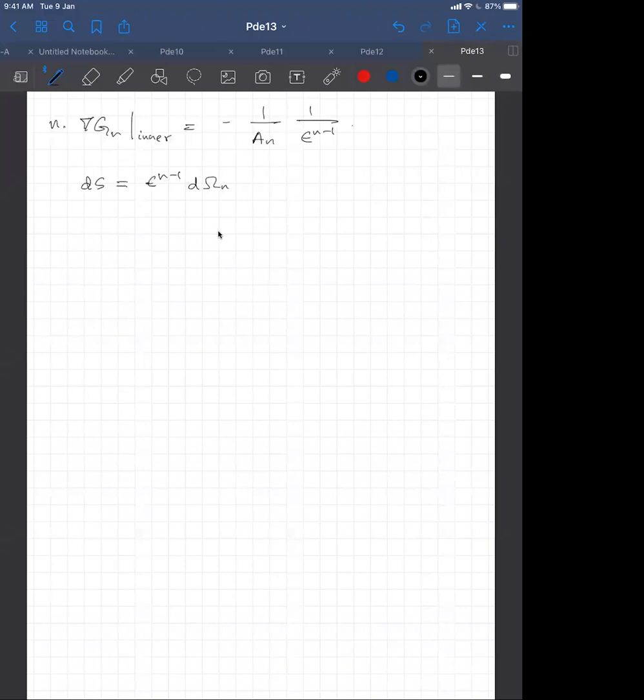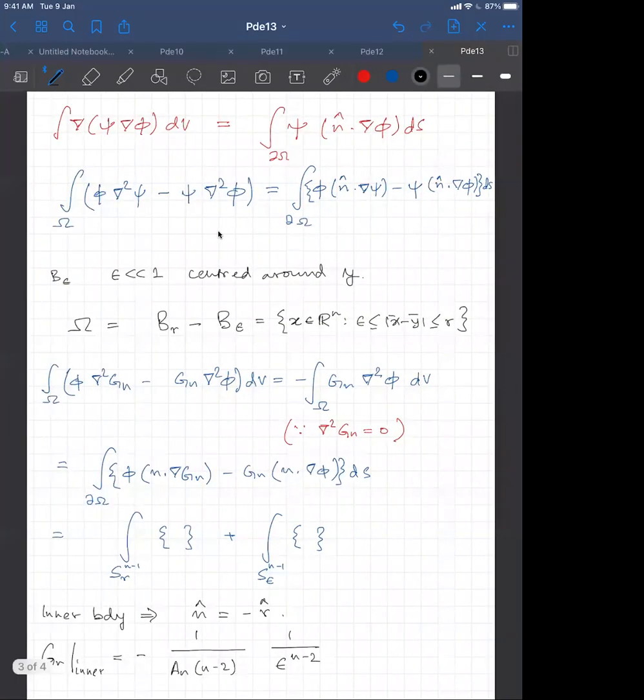And again, d omega n is an integral over angles. So on S epsilon n minus 1, what you want is this guy here now.